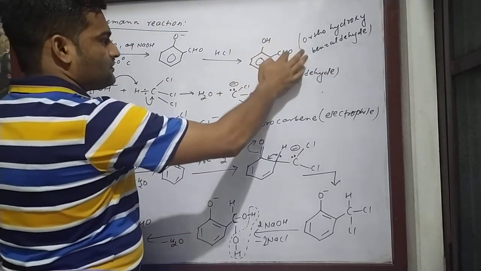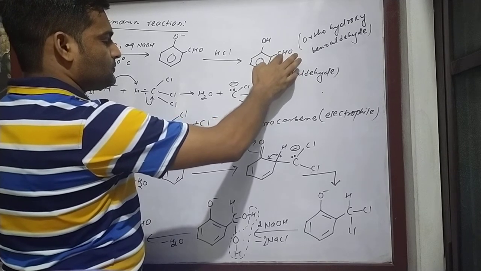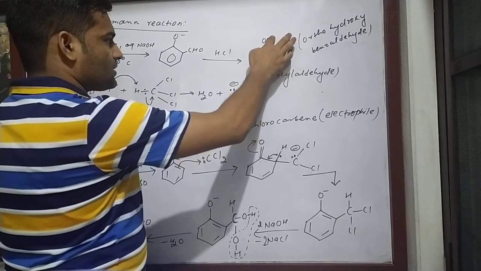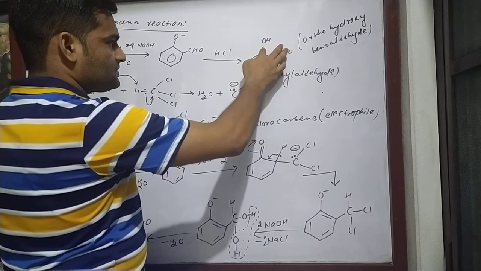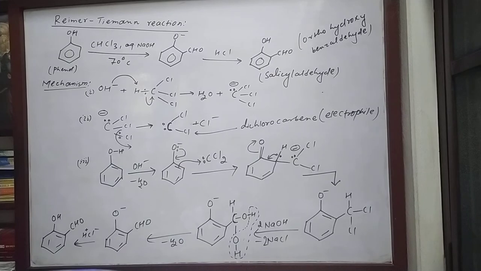Here, which functional group gets first priority? The CHO group. Therefore, with respect to this CHO, the hydroxy group is at the ortho position, so this is orthohydroxybenzaldehyde. This reaction is called the Reimer-Tiemann reaction.